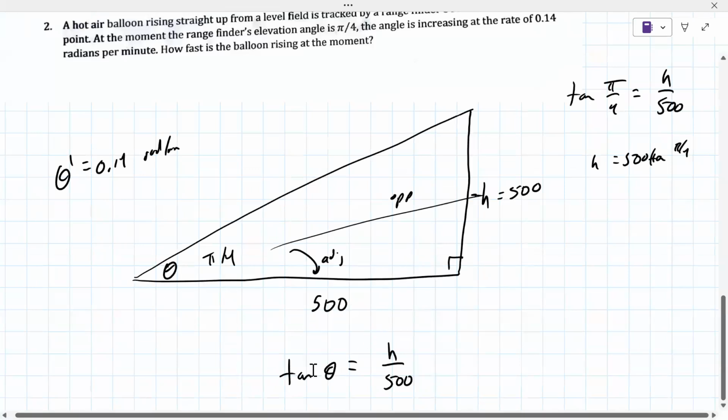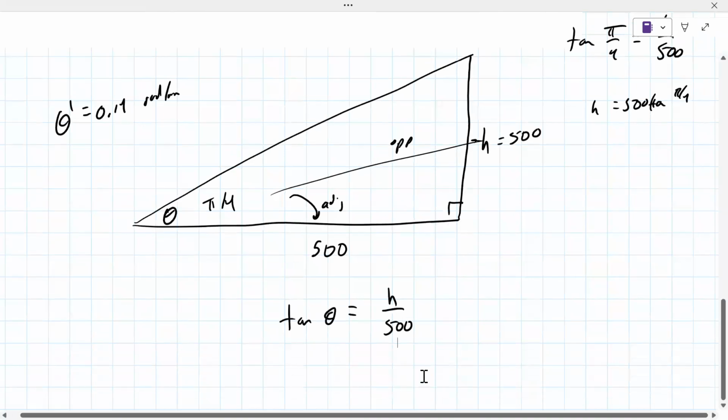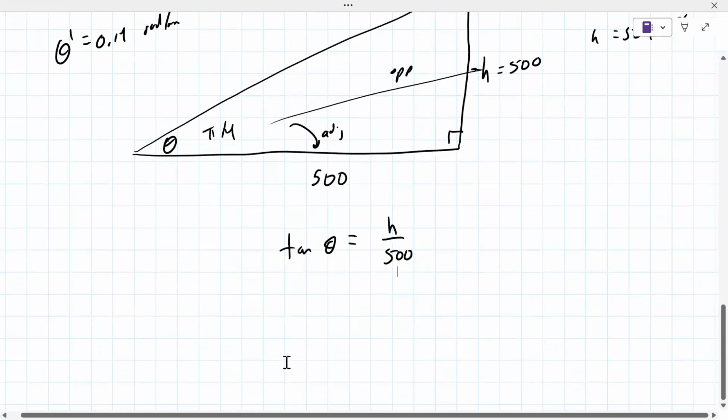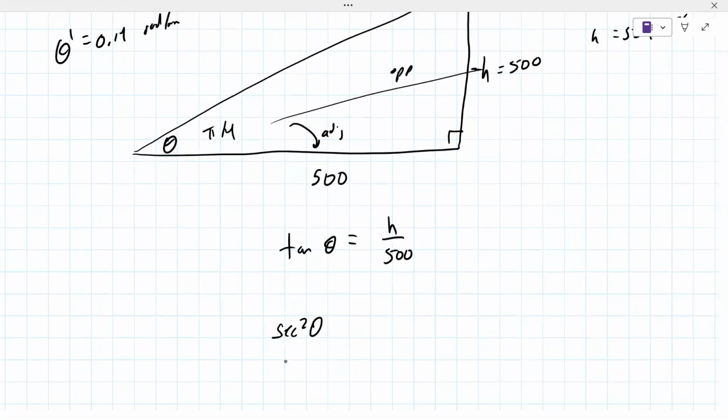The reason we're doing it this way is because you have theta prime. That's a good thing. You're trying to find H prime. So what's the derivative of tangent? Secant squared. Secant squared theta prime equals 1 over 500 times H prime.